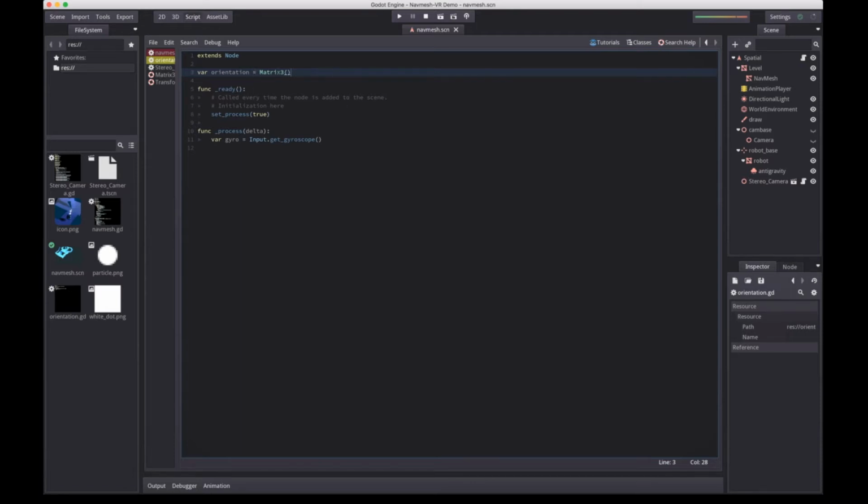All right, so we initialize that as a 3 by 3 matrix. It will get an identity matrix, which, well, I think basically starts looking down. I'm not 100% sure. We'll soon find out. But obviously, we're going to start adjusting that and get to something that we can use.